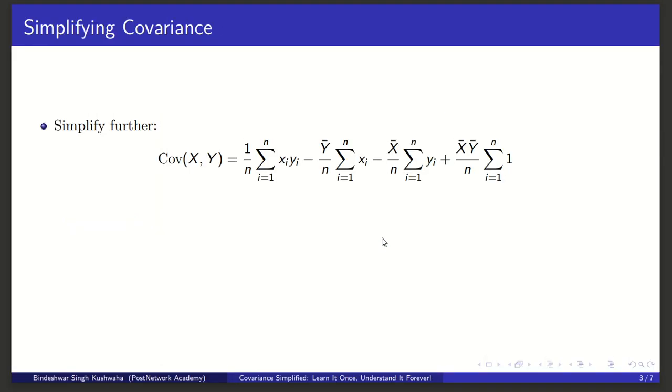Simplifying further, the summation will get distributed over all the expressions and we will get the following expression.